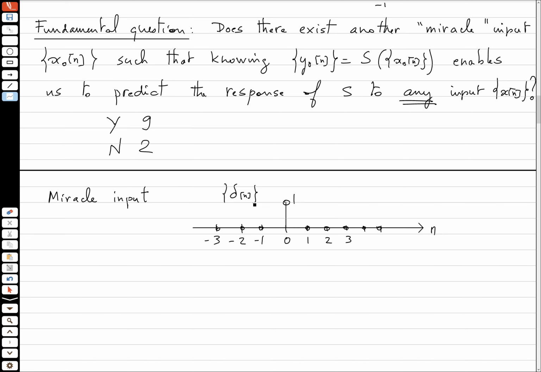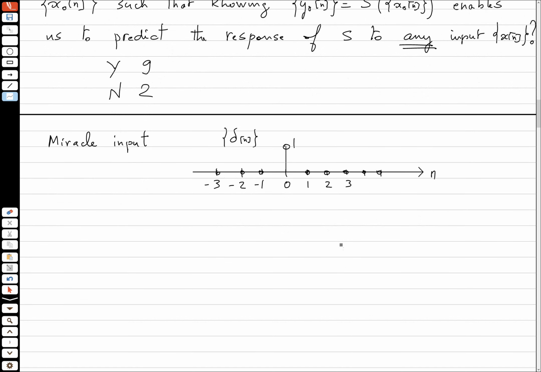All right, so I'm going to prove it. So let's recapitulate the assumption. Assumption: S is LTI and we know its impulse response.